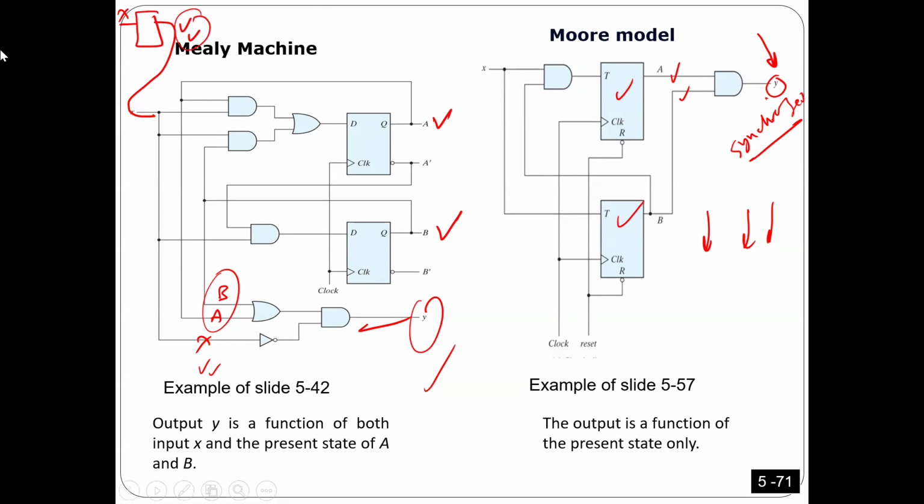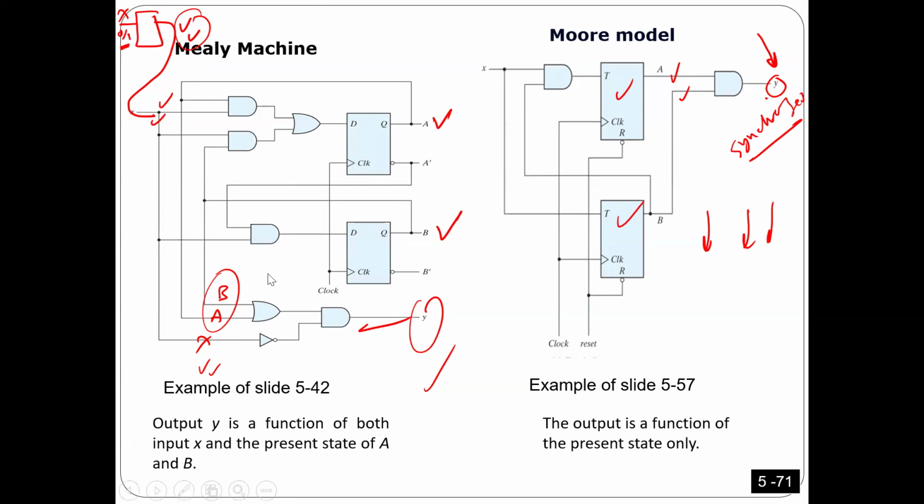So this is just a small difference between them. If you want to make Y synchronized, you should not connect X directly here, but you can connect it through a flip-flop, so that even if X changes, for example from 0 to 1, it's not going to change the input to the system unless at specific times. Anyway, that's a small difference.